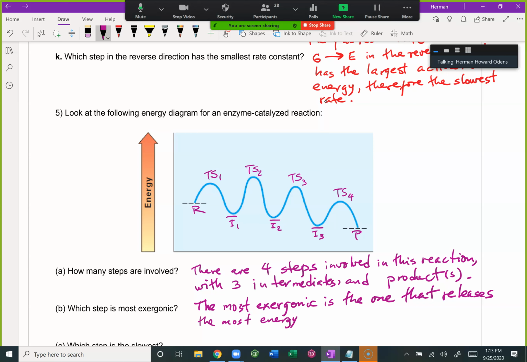So that will be step 1, because the distance from here to here, this delta G0 is negative. All right. Notice that the next one, step 2, is also exergonic, and 3 is exergonic, and the 4th is also exergonic, but by a tiny bit.